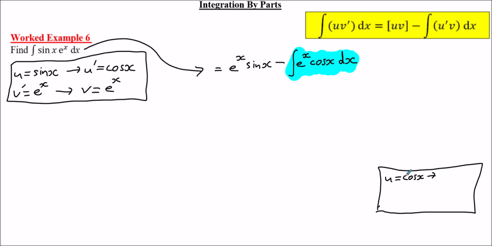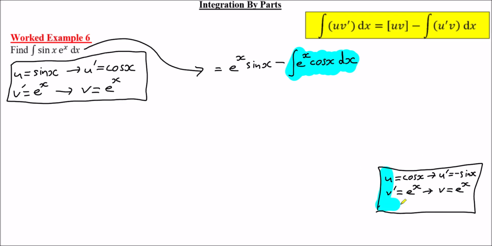Now cosine would actually differentiate to negative sine x, so I put here minus sine x for u dashed. So if I set u to be cosine x, then of course v dashed must be the other one, which is e to the x. Then of course integrating e to the x, we get e to the x yet again.